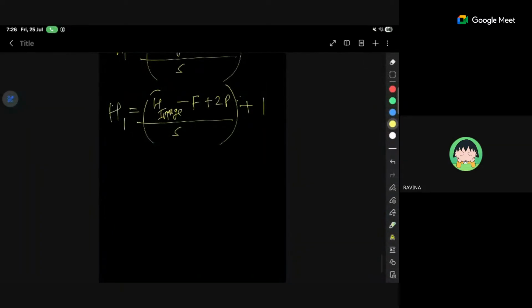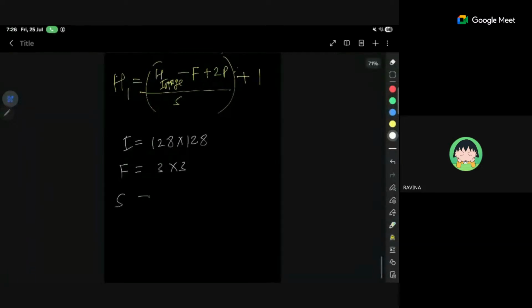So let's say I give you a question: the image is 128 cross 128, my filter is 3 cross 3, my stride is 2, and there is no padding.